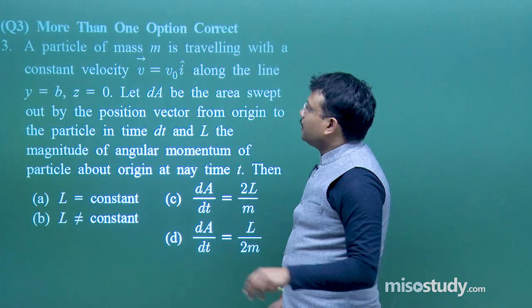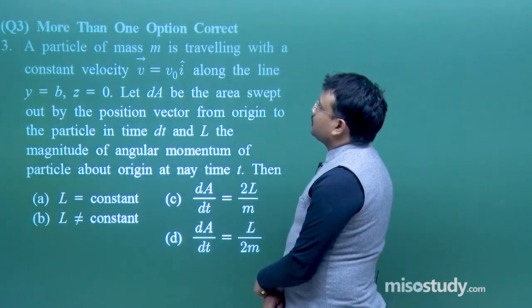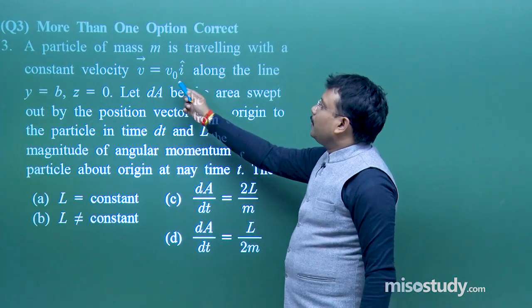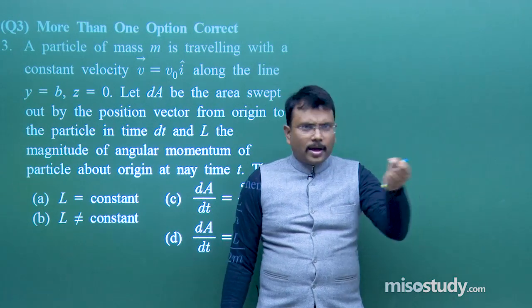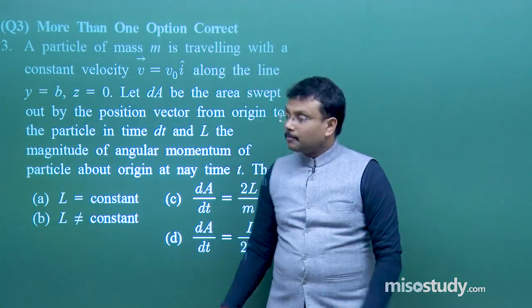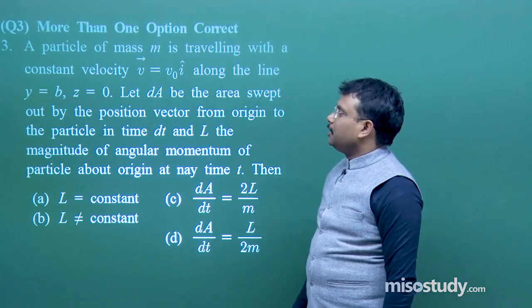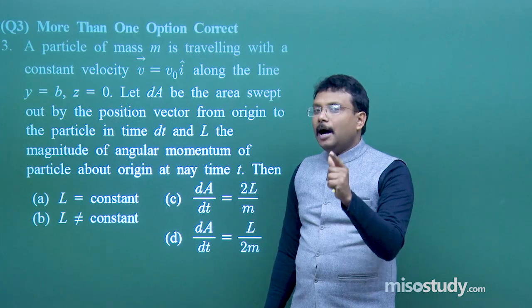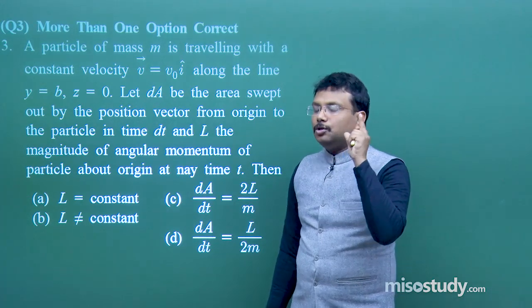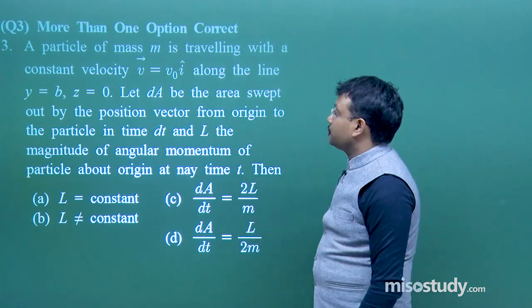Now, read the question. A particle of mass m is travelling with a constant velocity v is equal to v naught i. It means the particle is moving along the x axis, along the line y is equal to b and z is equal to 0. Okay, close your eyes, visualize. I hope it is simple for the visualization.